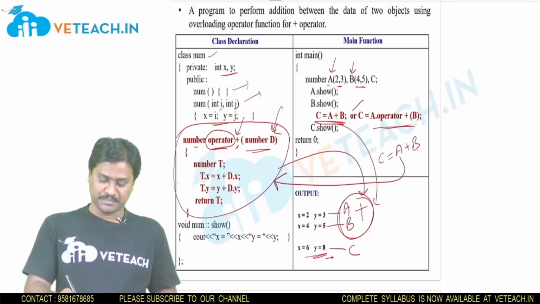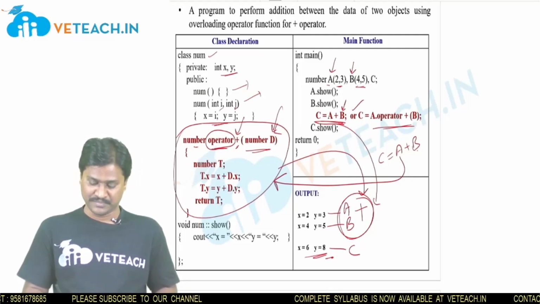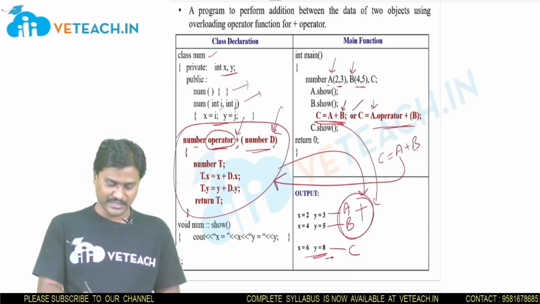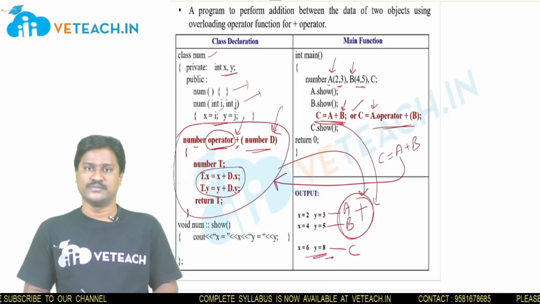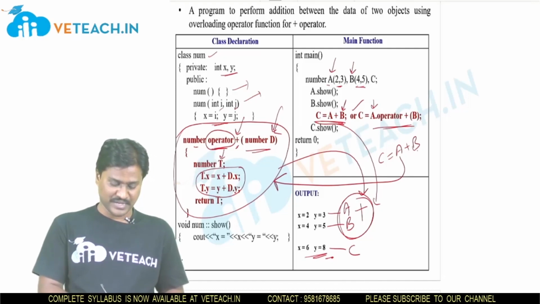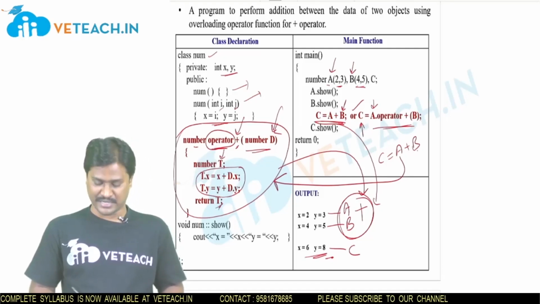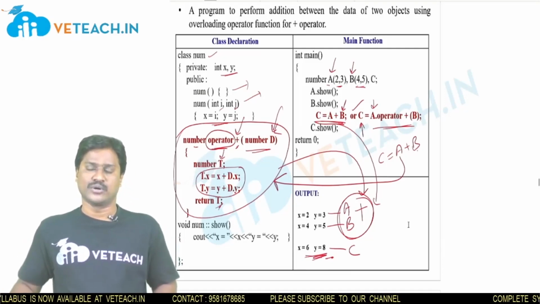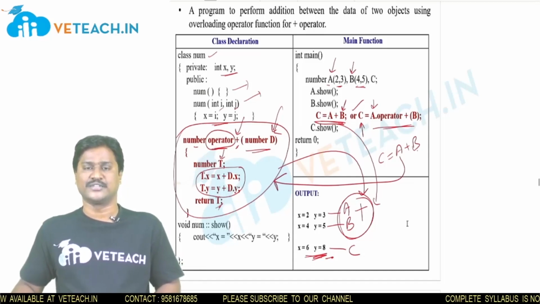So the B object is passed as a parameter to the operator function called by object A. The addition operation is performed between the two objects A and B and assigned to a temporary object T, and this T is returned and held by object C, and it displays the values like this. So this is overloading an operator using the operator overloading feature added to C++.